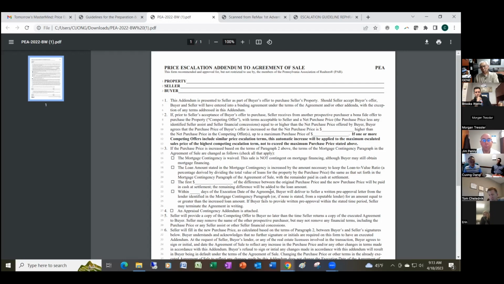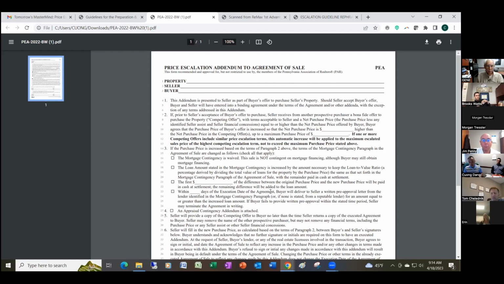Okay. Let's go to paragraph number 3. And paragraph 3 are the amendments. If the purchase price is increased based on the terms of paragraph 2 above, the terms of the mortgage contingency paragraph in the agreement of sale are changed as follows.